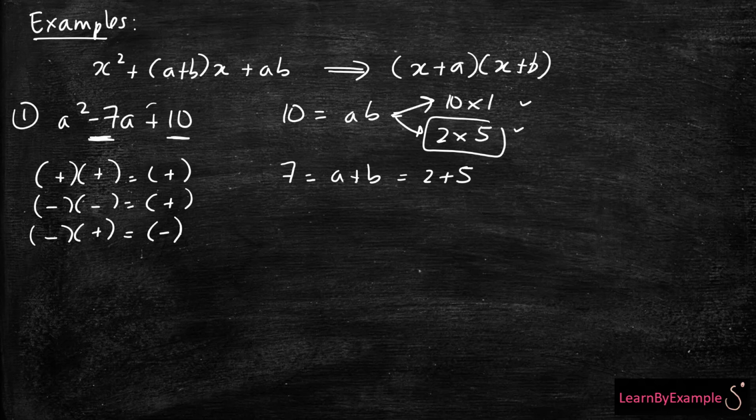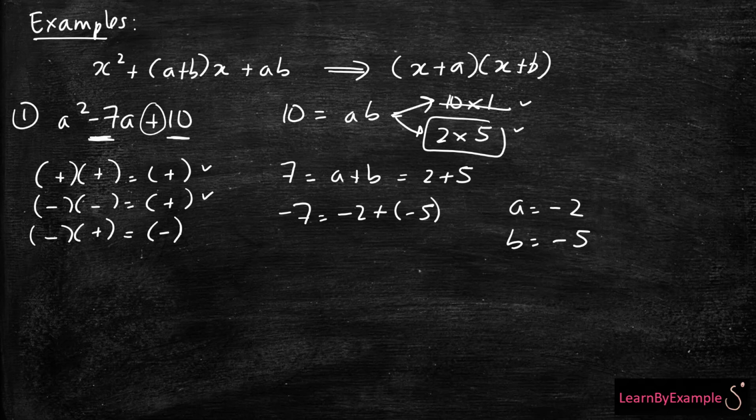In this case, you have a positive 10, so it could be either option. But plus 2 and plus 5 gives positive 7. You want negative 7, so it has to be minus 2 plus minus 5. So it's not 10 plus 1. Therefore, a is equal to negative 2 and b is equal to negative 5.